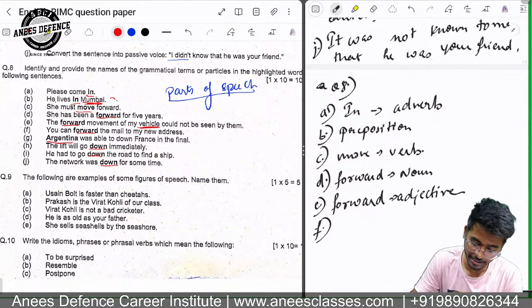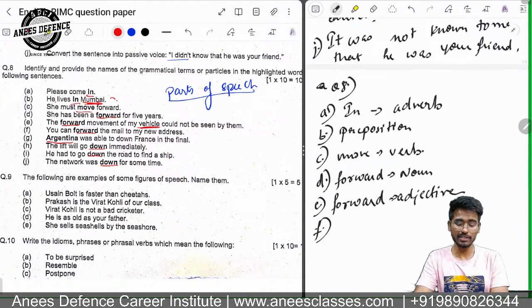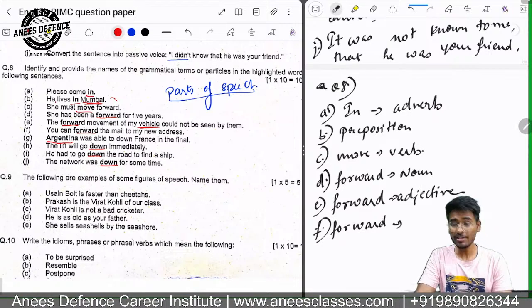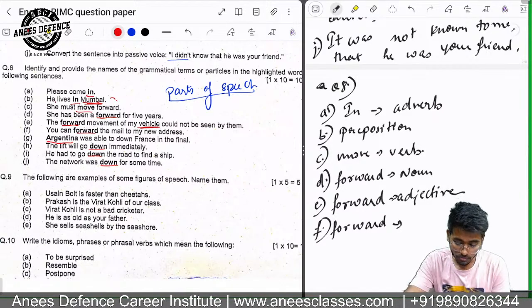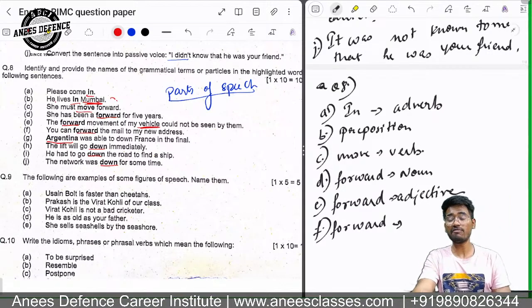Again, if you see, you can forward the mail to my new address. Here, forwarding the mail means action. That means you need to make an action. Forward the mail to the other. That means someone is telling you to do something.